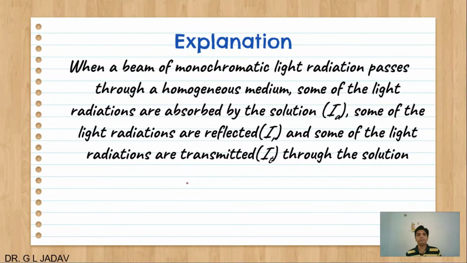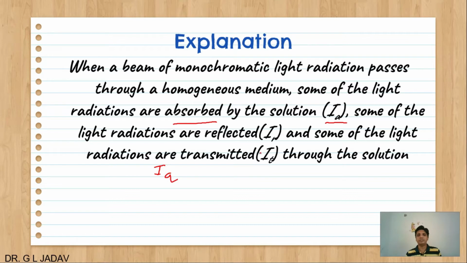As you can see, when a beam of monochromatic light passes through a homogeneous medium, some of the radiation is absorbed by the solution. This is known as IA.